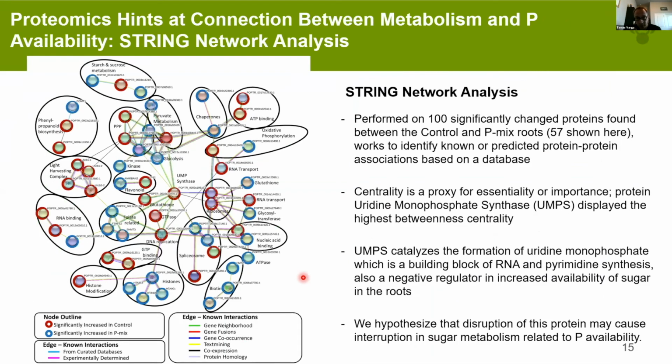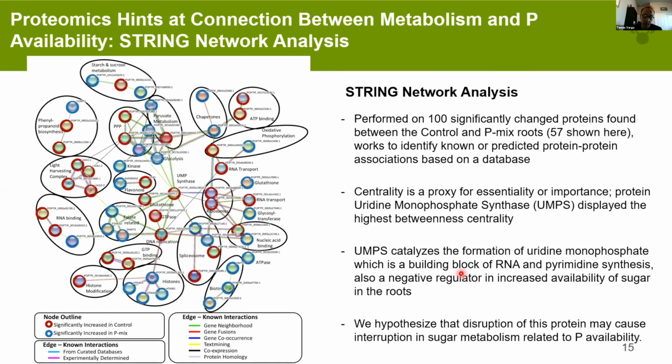And then finally, the string network analysis, which took the most changed proteins from the previous analysis, showed the importance of a specific protein. Centrality is basically the measure of importance here, and this UMP synthase protein is known to be interrupted if there is a nutrient limitation.